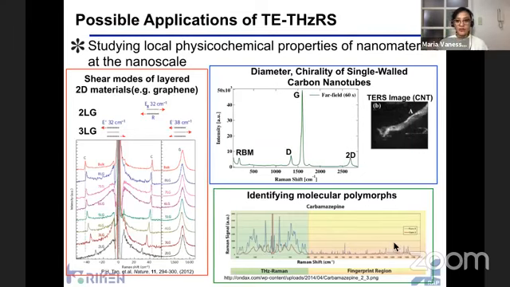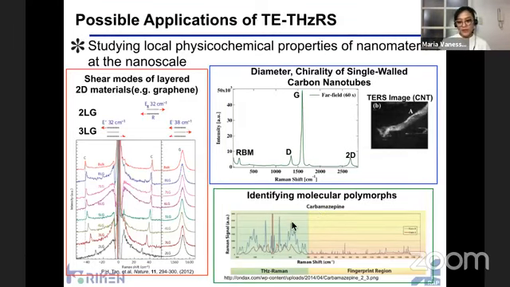So it's very difficult to know, based on this fingerprint region Raman signal, if it's form 2 or form 3. But if you look at the low frequency, they are totally different. Here you can clearly determine which carbamazepine is form 2 and which is form 3.